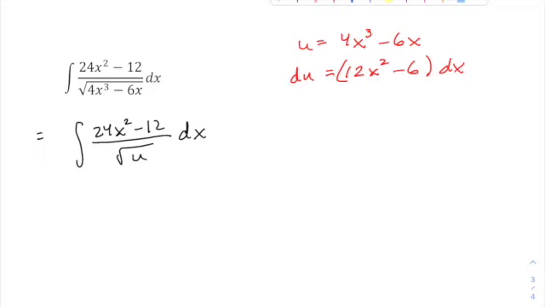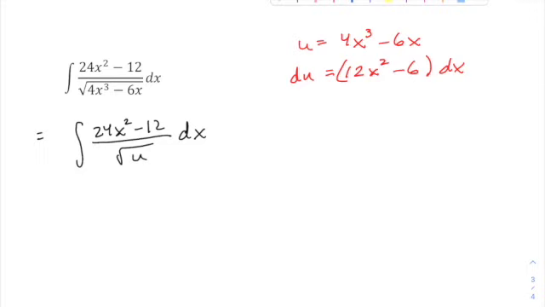I just took the derivative with respect to x, so you throw the dx on that side, and you see there's your dx, and you see you essentially have this right here. You have 12x squared minus 6 dx, and here you have 24x squared minus 12. Whenever you basically have your derivative there, with the exception of maybe a constant multiple, you did a good job.